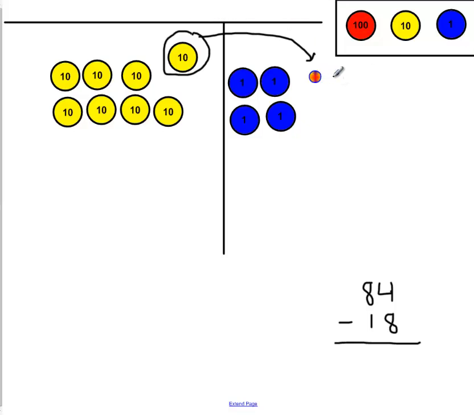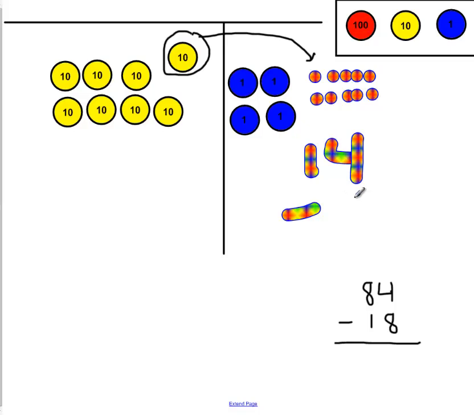And so I'm going to show this broken apart. And so what I have is 10 loose ones over here. And so the traditional algorithm has kids thinking about this as a 14. Okay, and so now I've got 14 ones that I can subtract 8 ones from quite easily. So I'm doing this problem, 14, and I'm subtracting 8.